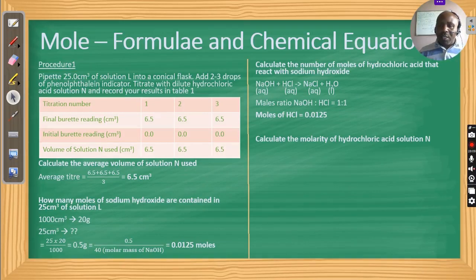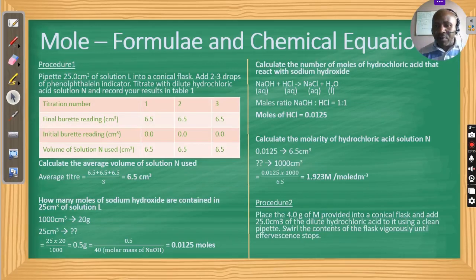Then we are supposed to calculate the molarity of hydrochloric acid in solution N. So 0.0125 we have found is in 6.5 cm³, which was our average volume. Then you need to calculate for 1000 cm³. You do cross multiplication and you find that the molarity is 1.923 moles.